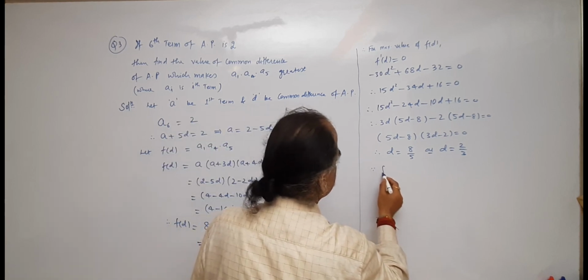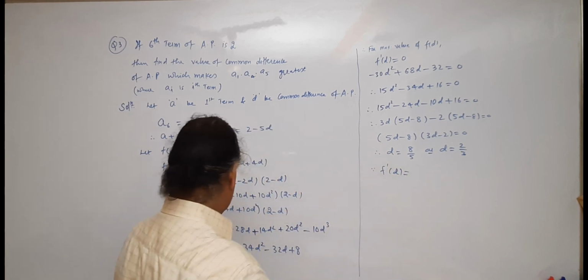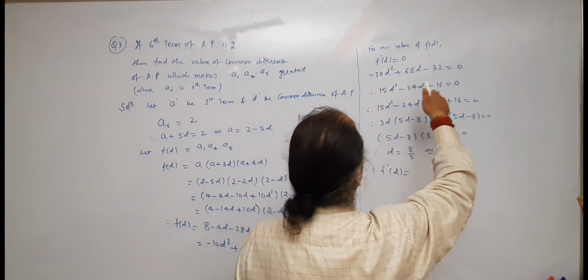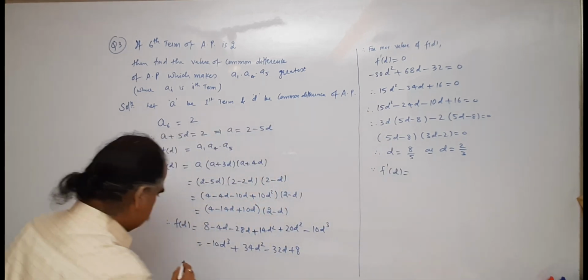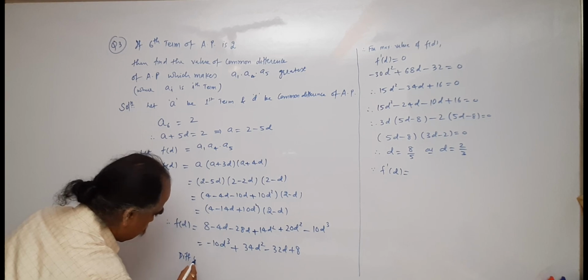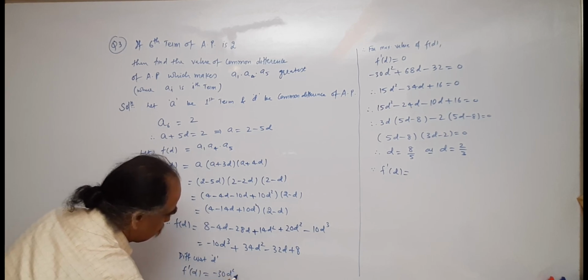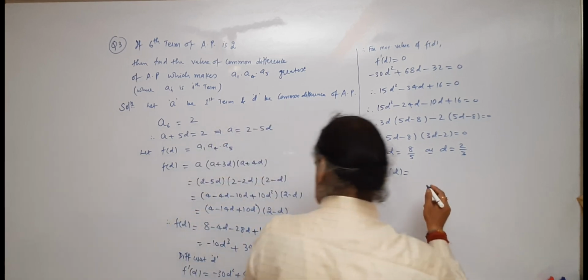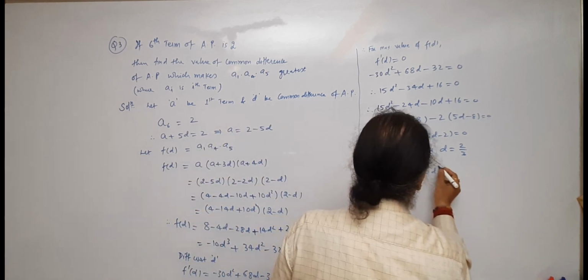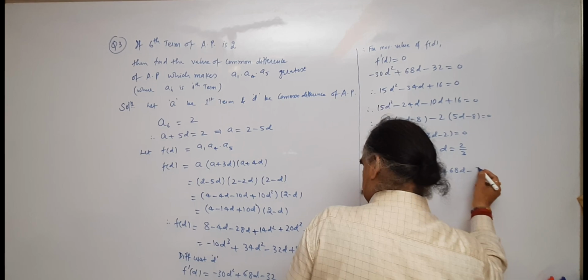Since f dash D is what? Minus 30D square plus 68D minus 32.